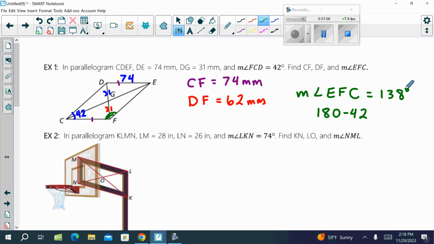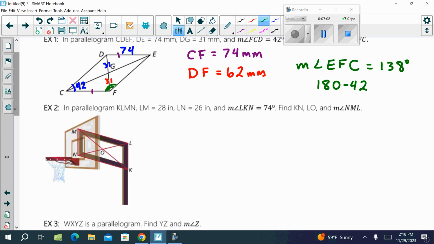Okay, very similar problem with a basketball goal here. You guys try this one. Label it, figure out the three pieces. Go. Alright. First thing you needed to find was KN. Who wants to tell me what they found for KN? 28. Everybody else get 28? Yeah. Very good.